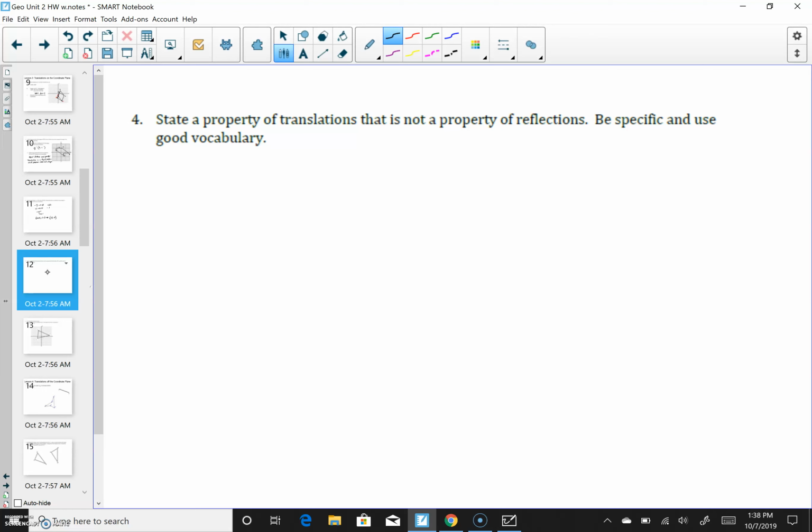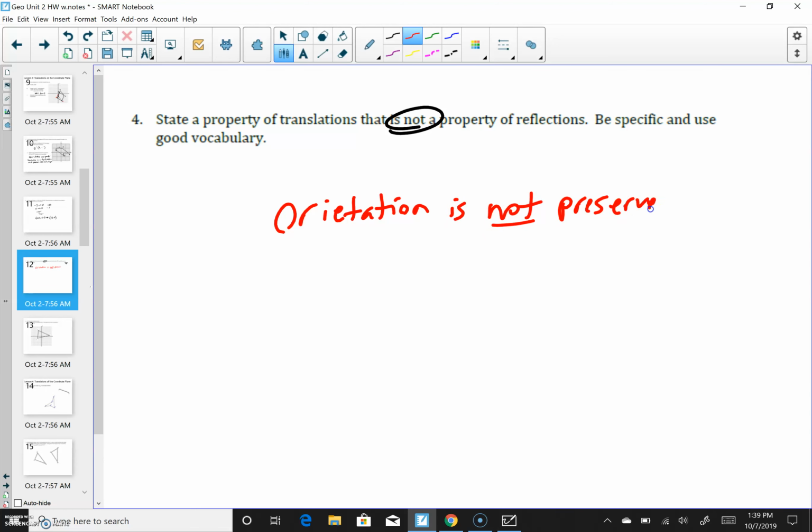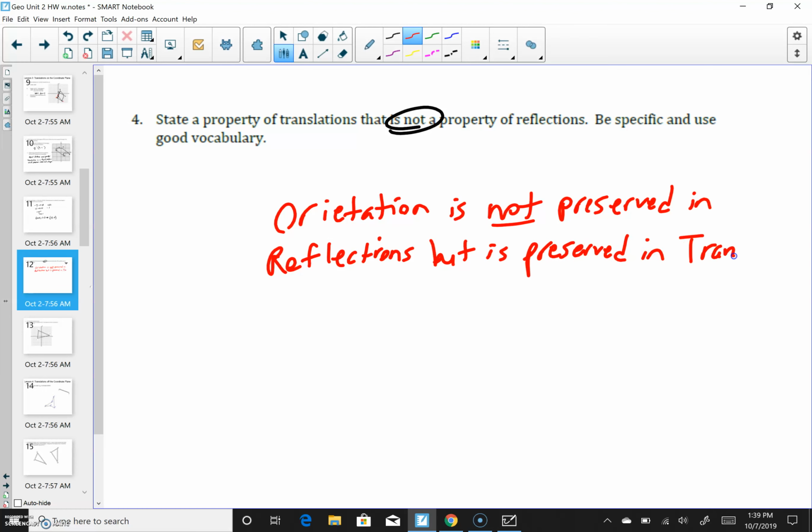State a property of translations that is not a property of reflections. So the key is orientation is not preserved in reflections, but is preserved in translations.